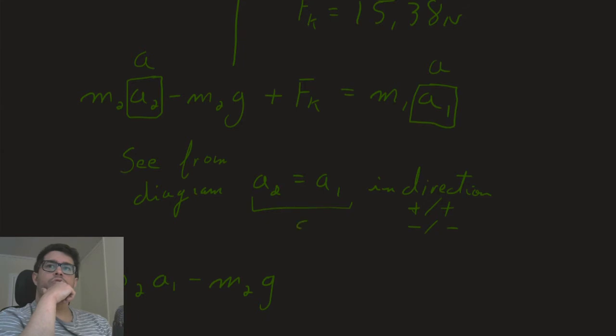So instead we'll just call it A. And we could remove the A and A1s, but I'm gonna keep A1 just because it's the same value. Plus Fk is equal to M1 A1.